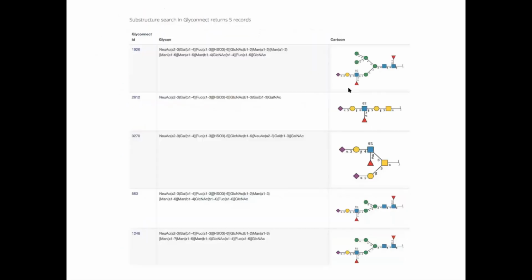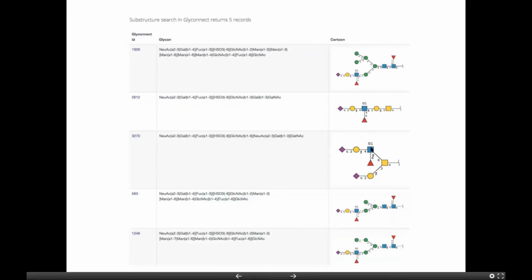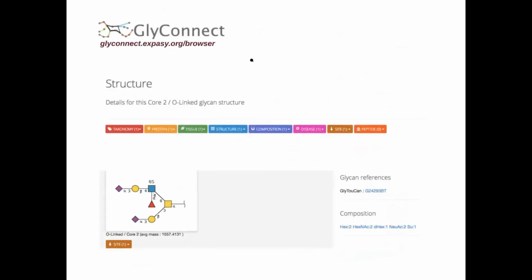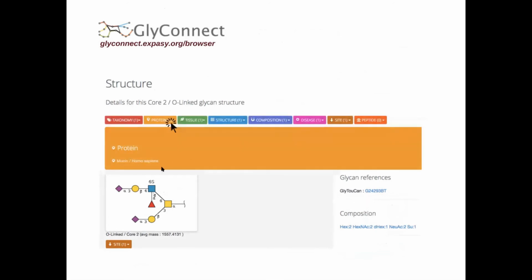You can see that all of these larger structures from GlyConnect contain the ligand I just showed before. If you click on one, we go back to GlyConnect, and you have information on the protein, here a mucin, and on the tissue, here respiratory mucosa.